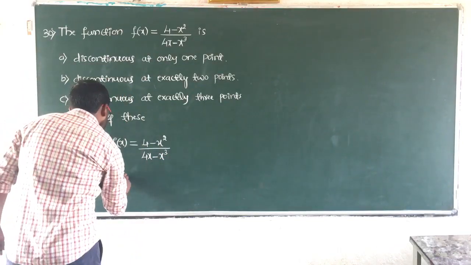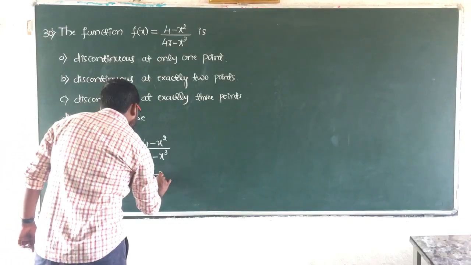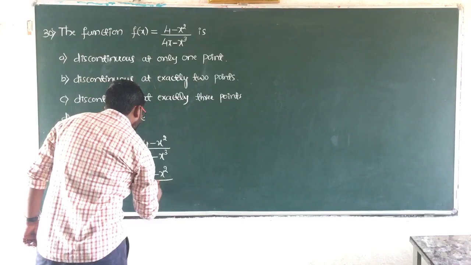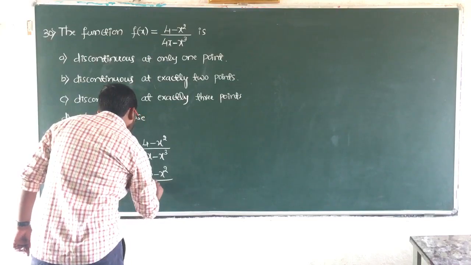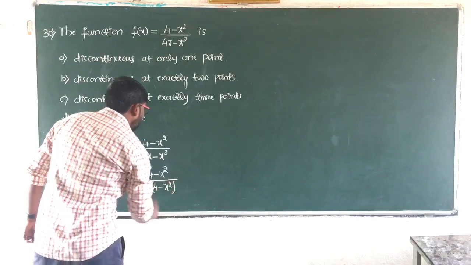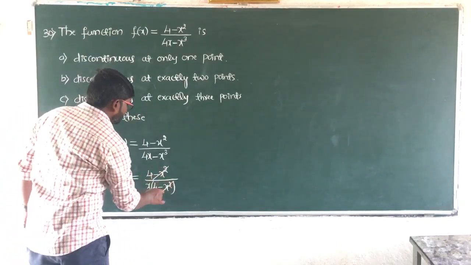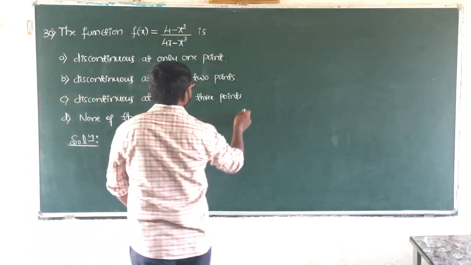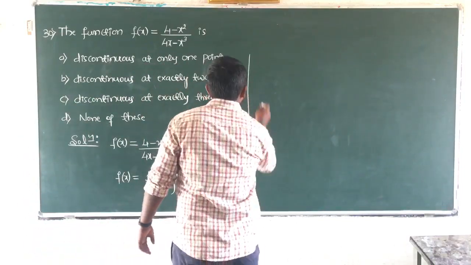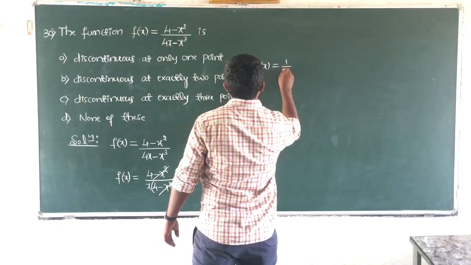F of x is equal to, writing the numerator as it is, 4 minus x square divided by, taking x common here, we get 4 minus x square. Now 4 minus x square and 4 minus x square both get cancelled. We get 1 by x. So f of x is equal to 1 divided by x.